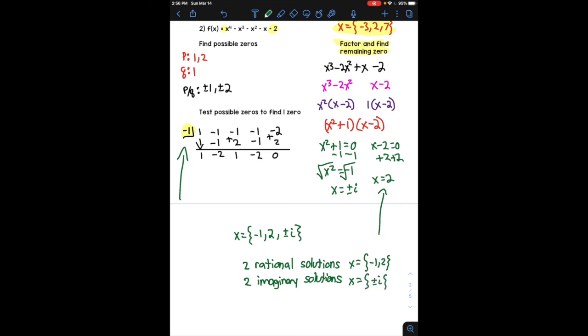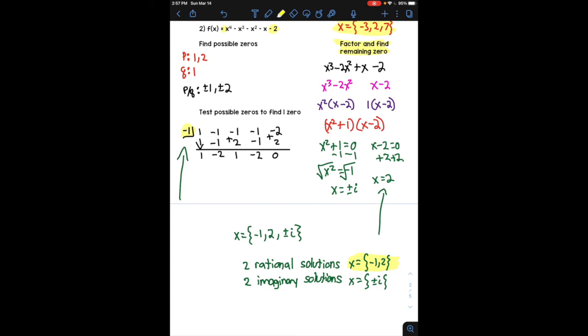How many times would this graph, if we were to graph this polynomial or this function, cross the x-axis? It would cross the x-axis 2 times at -1 and 2. This polynomial technically only has 2 real solutions, but in addition also has 2 imaginary solutions.